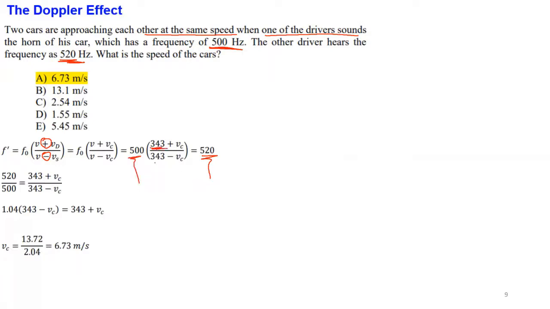This is the speed of sound. This is the speed of the detector, which is the speed of the source because they are moving at the same speed. I have one equation, one unknown, and I solve it and I get the speed of the cars. So VS is equal to VD is equal to VC, and I get it.